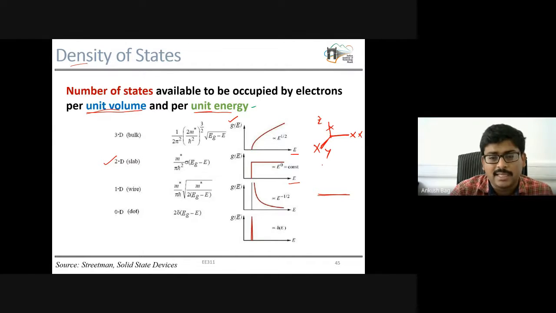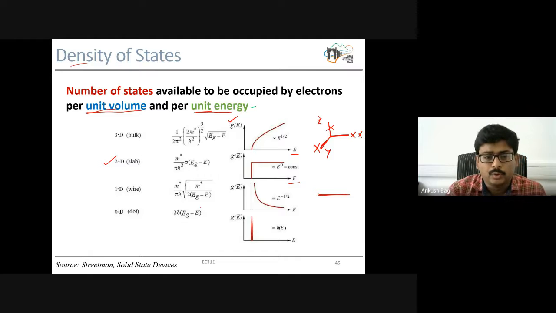Each pixel which is glowing and eventually giving you the whole picture is made of a single quantum dot. That is a semiconductor, but it has no dimension. In that case, you can see the density of states is completely different compared to the others. So this is the density of states variation with the energy E depending on the dimension of the semiconductor.